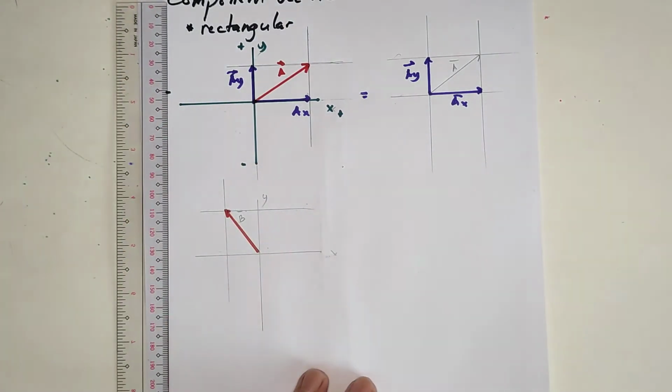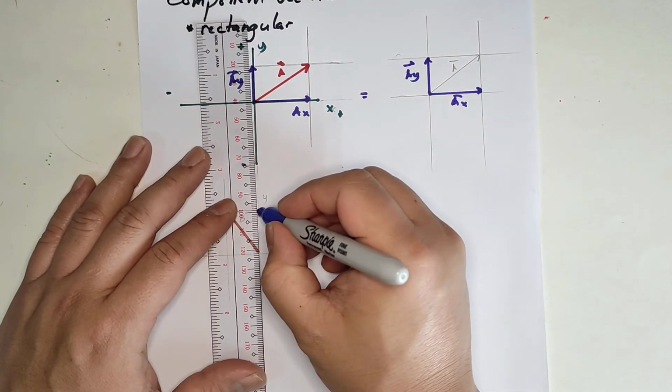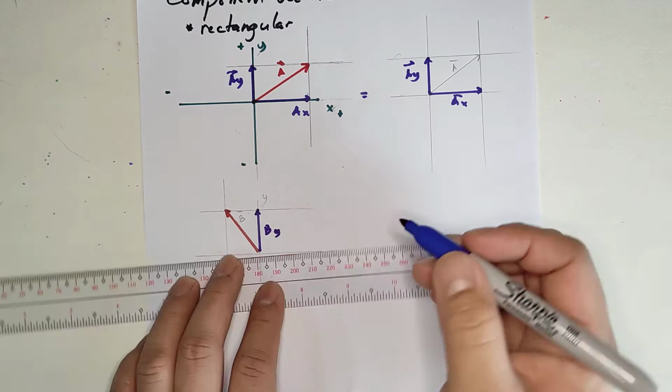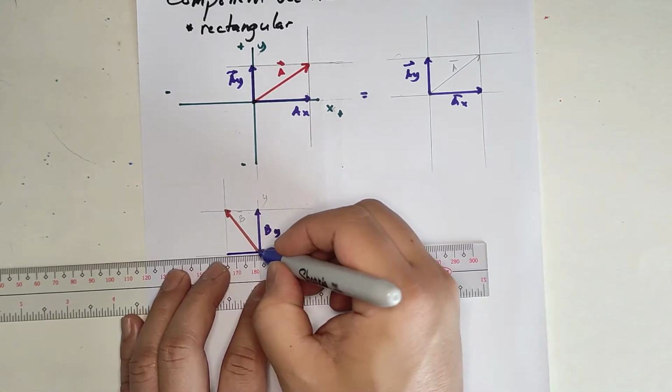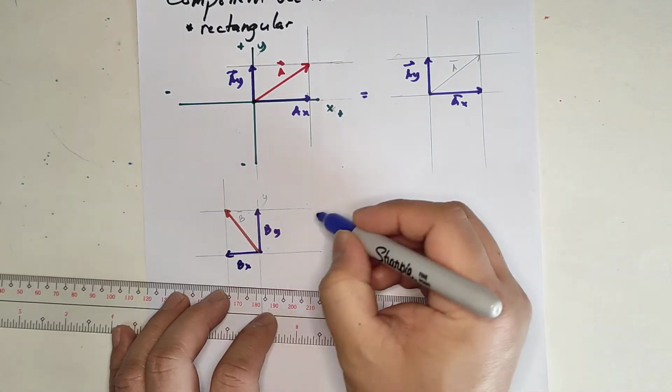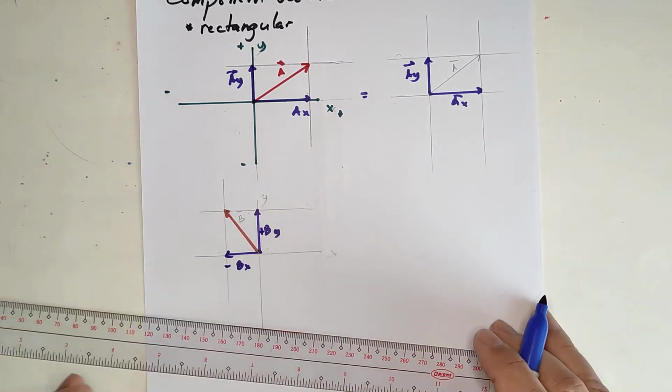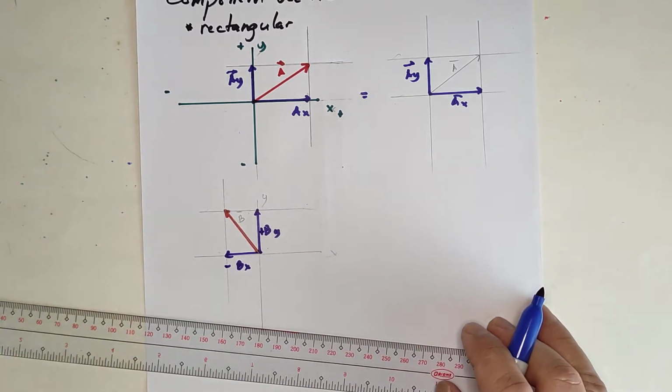Then you can now draw the BY and BX. This would be positive BY, and this would be negative BX because it's going to the left.